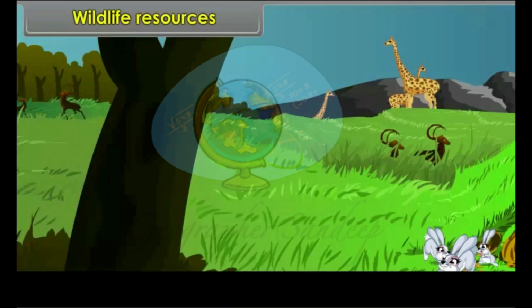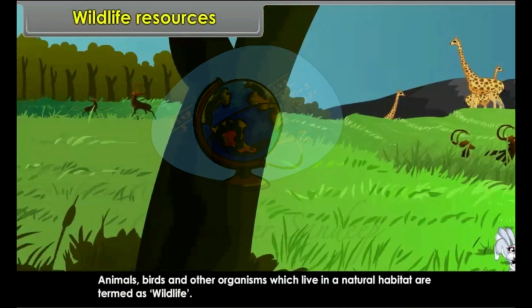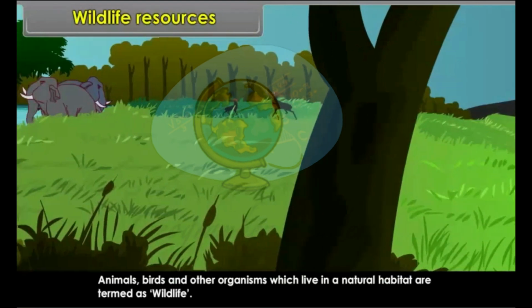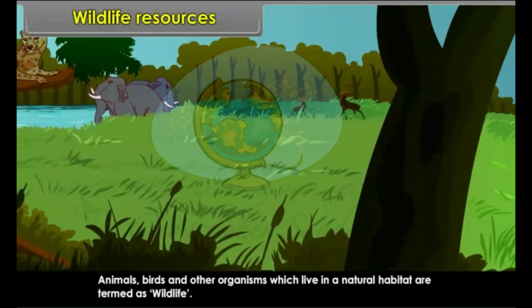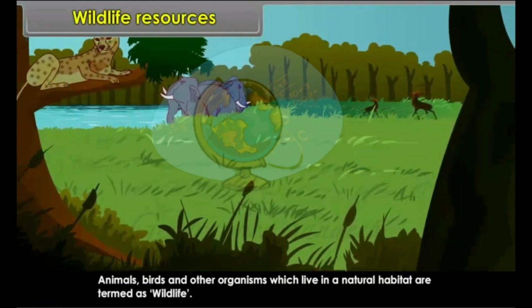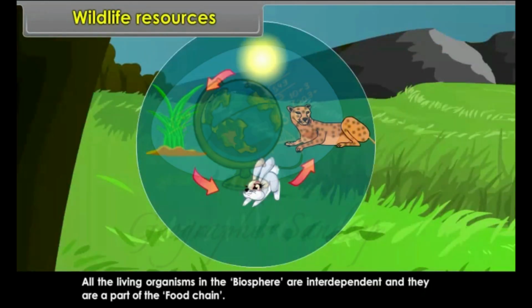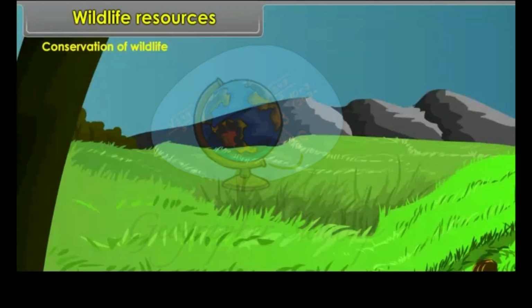Wildlife resources. Animals, birds and other organisms which live in a natural habitat are termed as wildlife. All the living organisms in the biosphere are interdependent and they are a part of the food chain. Conservation of wildlife.